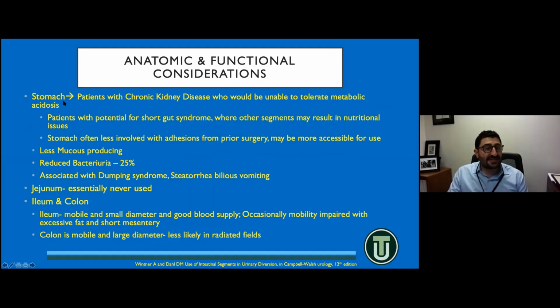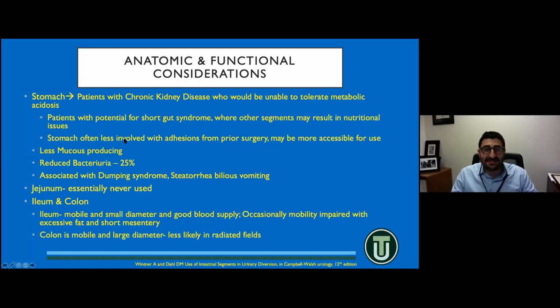So for the stomach, you may consider using a gastric segment in patients who have chronic kidney disease, who may be unable to tolerate metabolic acidosis that we see with ileal and colon urinary diversions. Patients who have multiple bowel resections and you're concerned about short gut, you may use the stomach to avoid some of these complications.